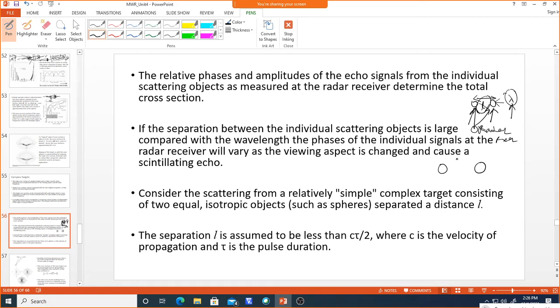Now assume a complex target consisting of two spheres, separated by some distance L. If you transmit the signal to these two spheres at different ranges, say R1 and R2, from the radar receiver, then the two spheres separated by the distance L are considered a complex target.